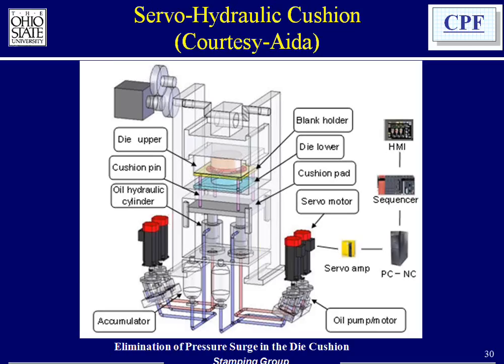What you see here, as you see from the sketch, is a servo motor, and the blank holder, marked there as the upper die. The cushion pins are holding the blank holder, and this slide shows only half of the press.